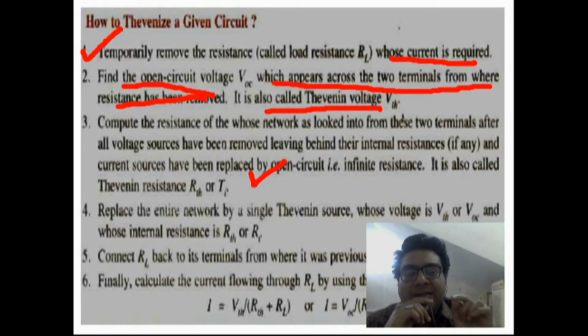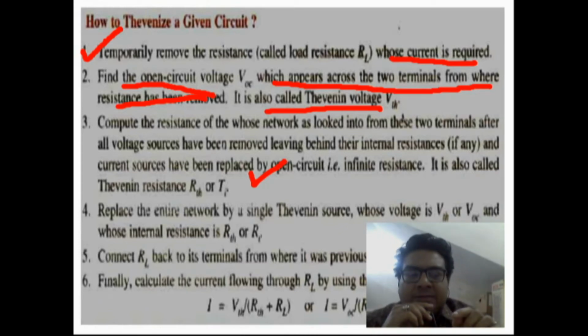So a battery must be replaced by a short circuit, because the internal resistance of an ideal voltage source is always equal to 0, so we always replace a battery by its internal resistance, that is, by a short circuit.